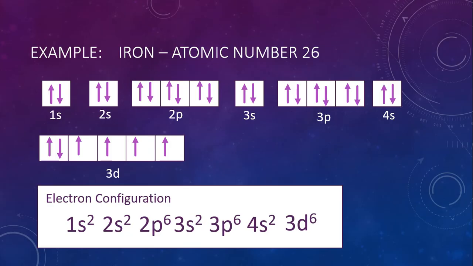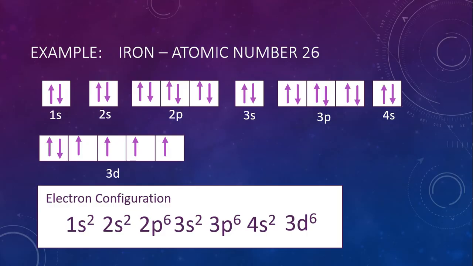So the electron configuration, that entire code at the bottom, 1s2, 2s2, 2p6, 3s2, 3p6, 4s2, 3d6, is the electron configuration for iron. It's a simplification of the orbital diagram, only focusing on the energy level and the orbital, and identifying how many total electrons are in that orbital.